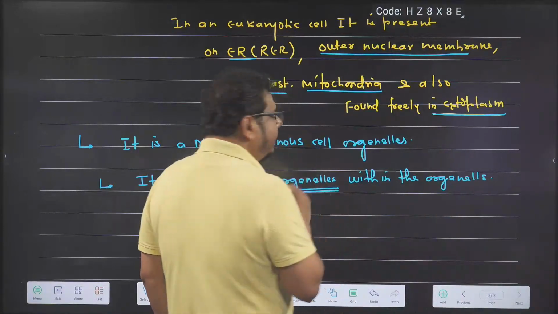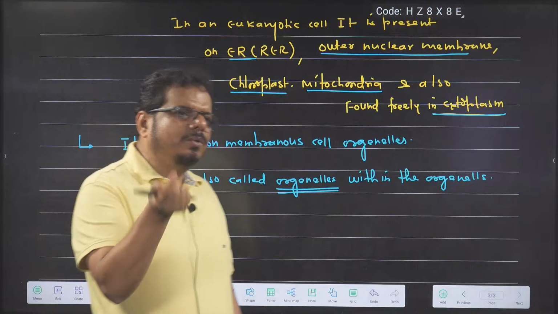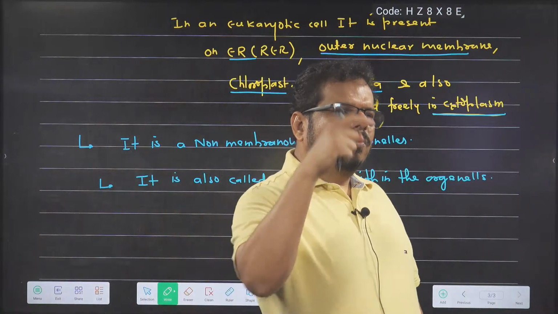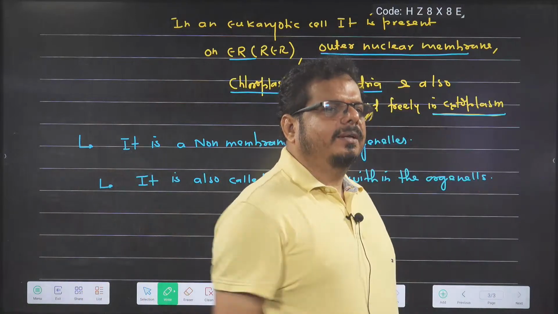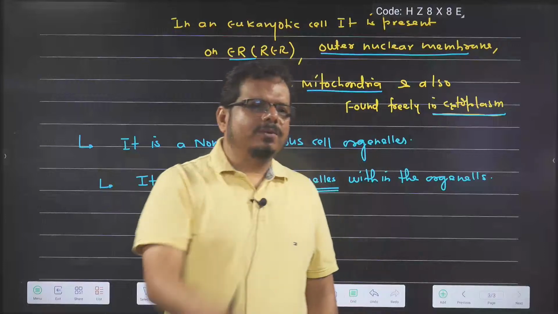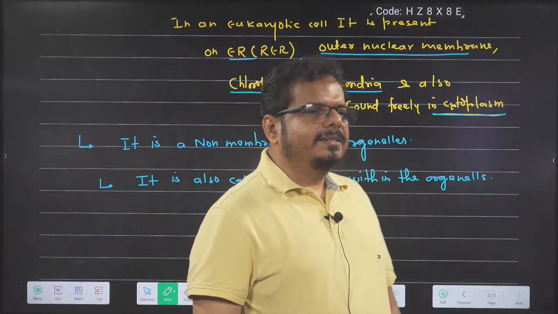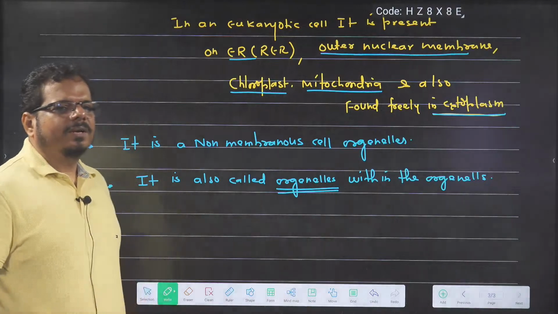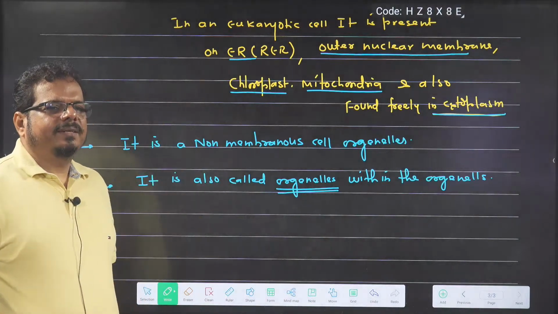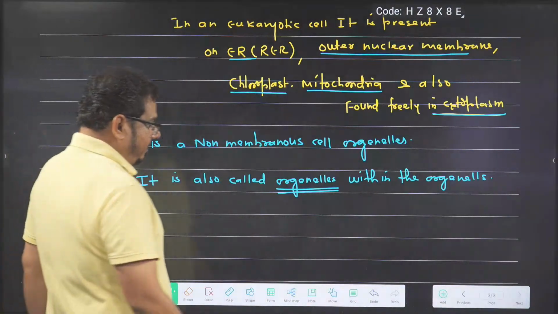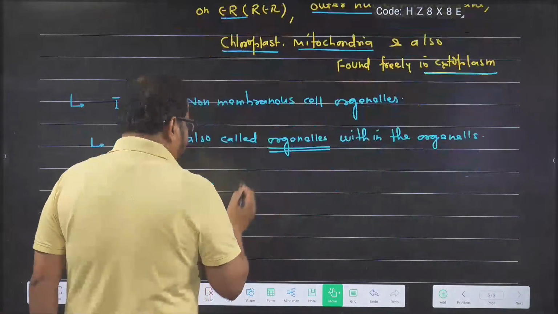Because mitochondria is also a cell organelle, and ribosome is also a cell organelle, so one organelle is present in another organelle. Chloroplast is also a cell organelle, ribosome is also a cell organelle. Hence we are telling it is called organelle within the cell organelle. Did you get the idea?